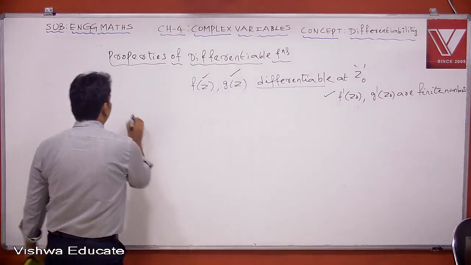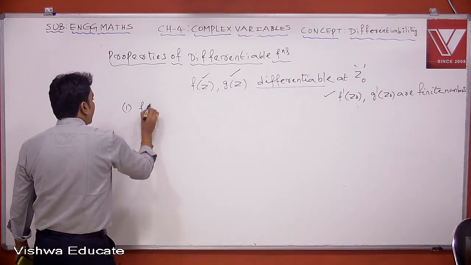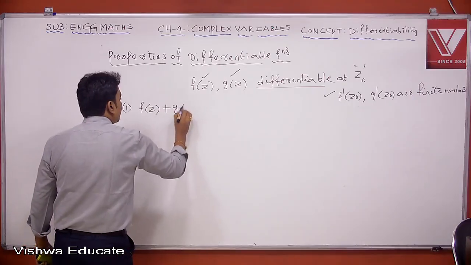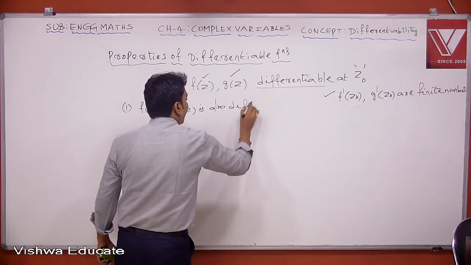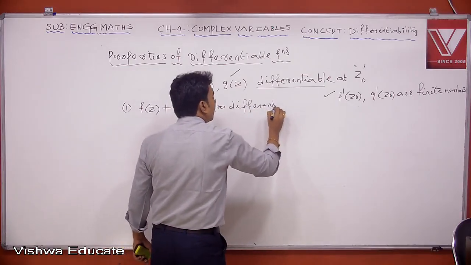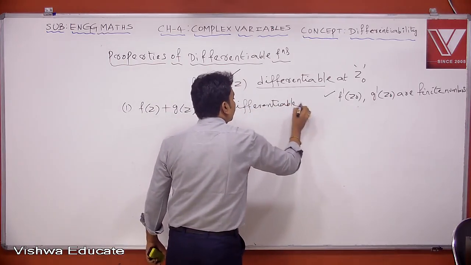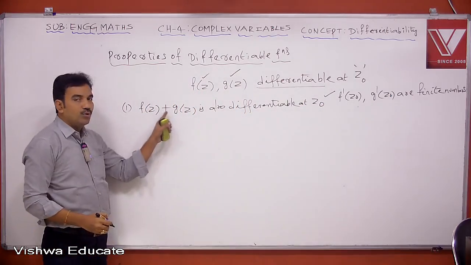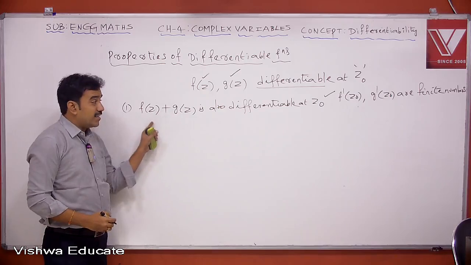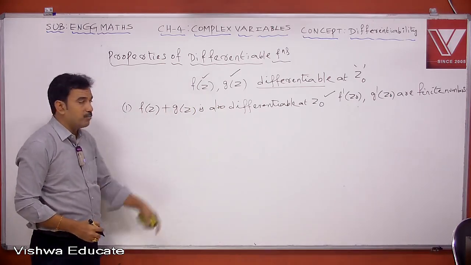Now in that case, property 1 is f of z plus g of z is also differentiable at z0. So add f of z and g of z, I will get new complex valued function. Even it has also derivative at the same point z0.